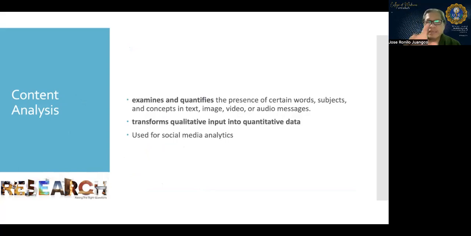Okay, so how many gave this particular content, how many gave this particular word, how many gave this particular concept or construct. Okay, so this is mainly used for social media analytics. If you are a content creator, then this is what you need, content analysis.